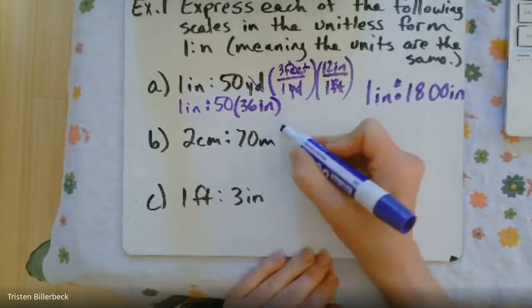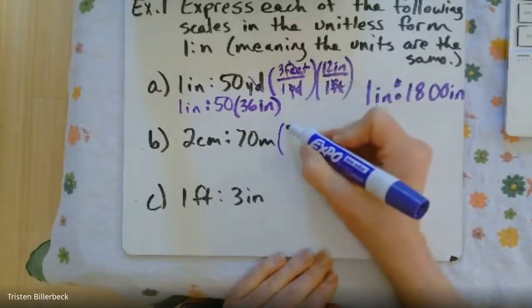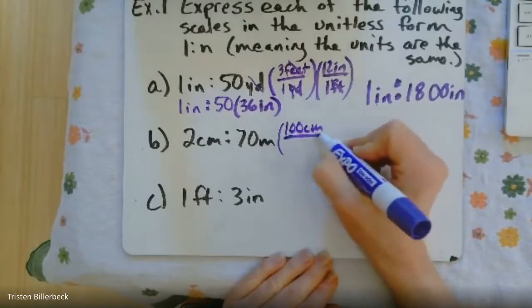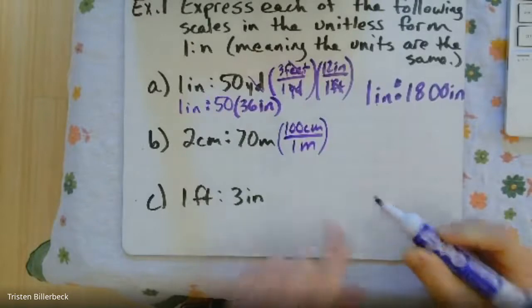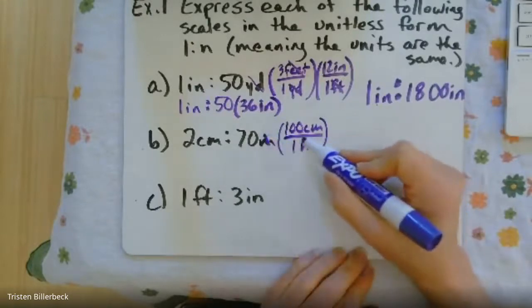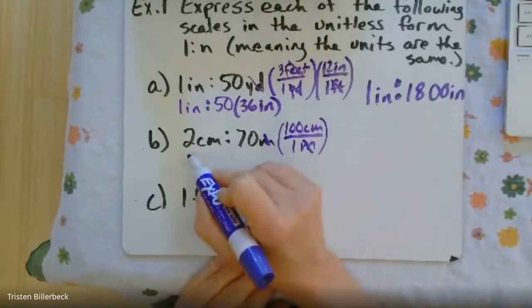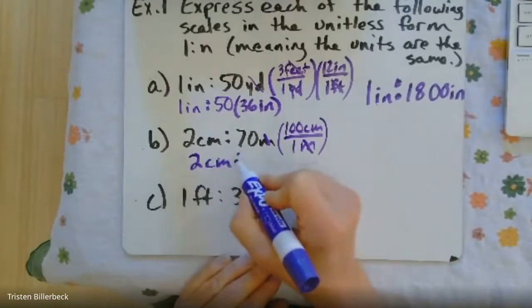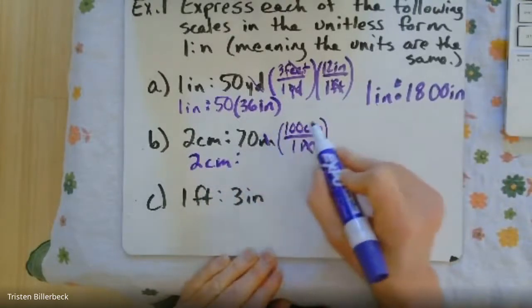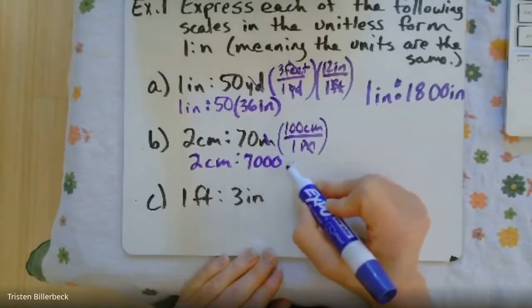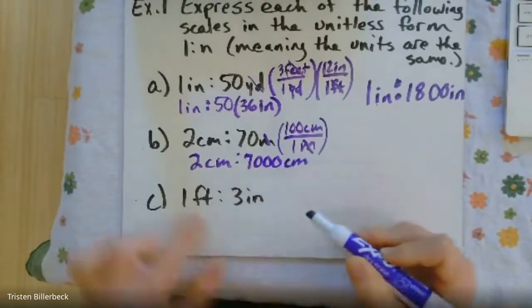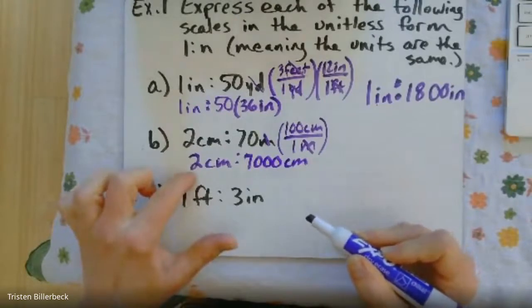Okay, this one's a little easier to convert. So if we have 100 centimeters is equivalent to 1 meter, then we can cancel these meters out. So we have 2 centimeters is the same, and then this 70 times 100 is 7,000 centimeters. Now we don't have a 1 here, which we need.